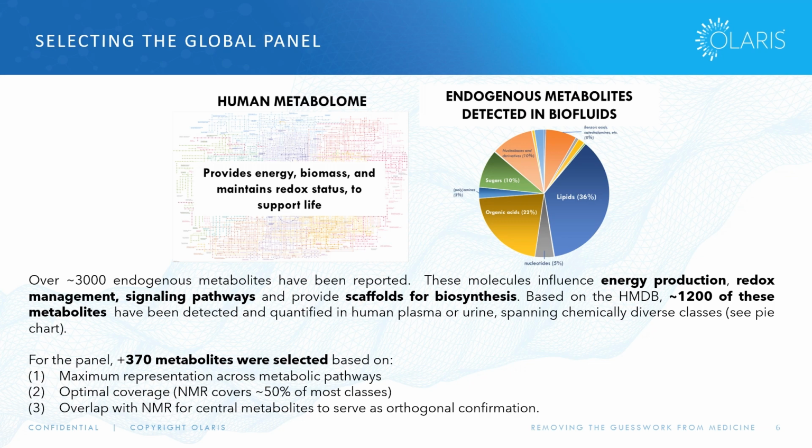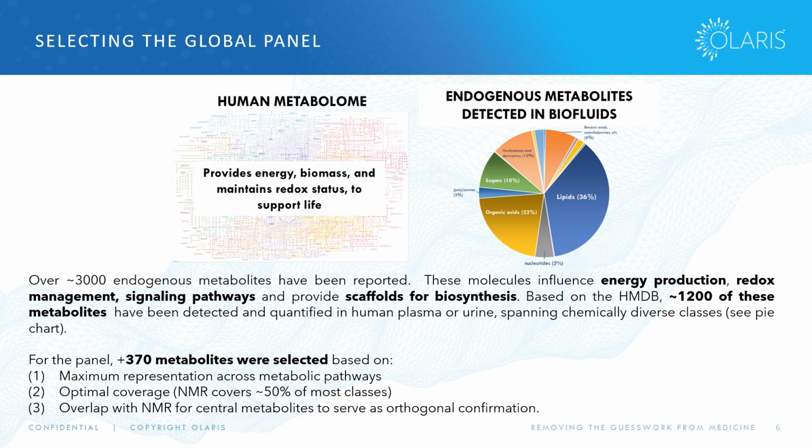And so that's what is shown here on the right, having metabolites with various chemical classes. This gave us a number of around 1200, and based on that, we prioritized on the order of 370 metabolites.